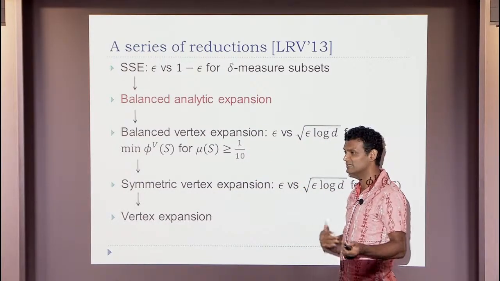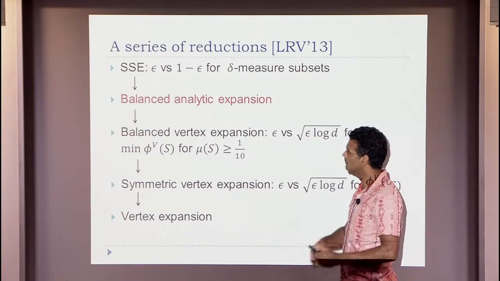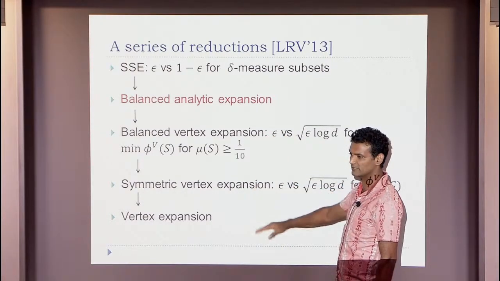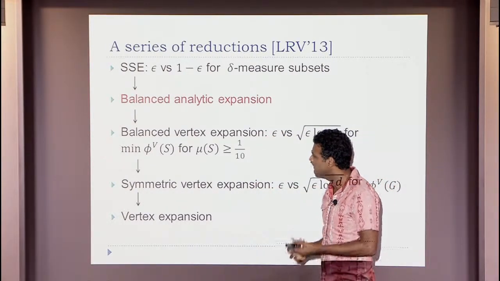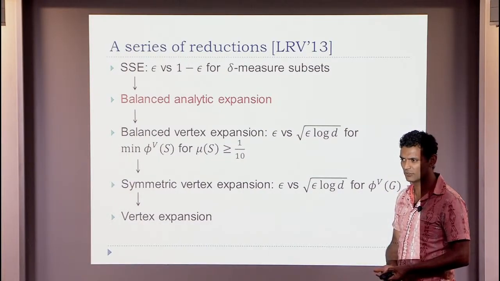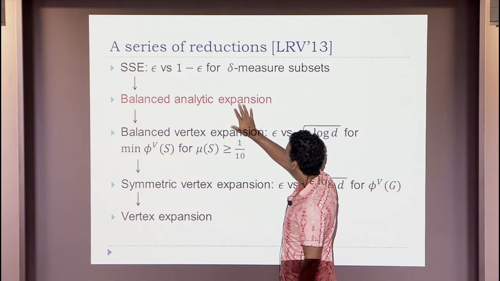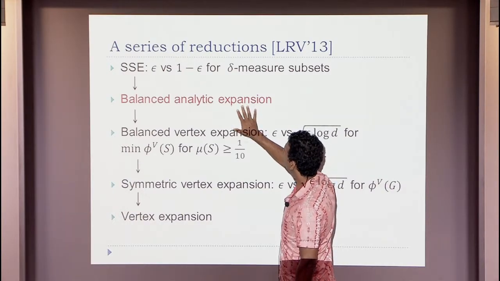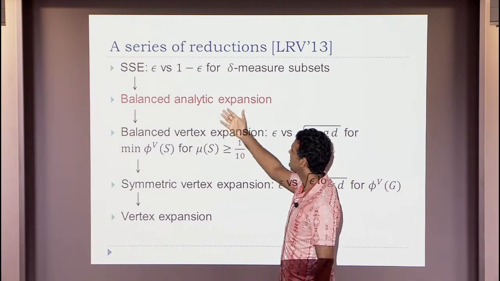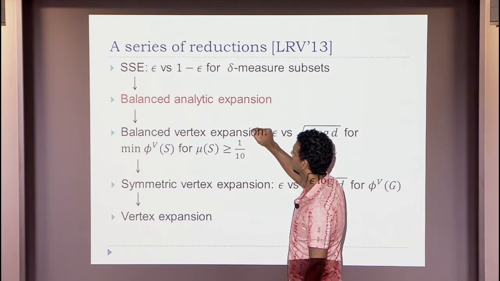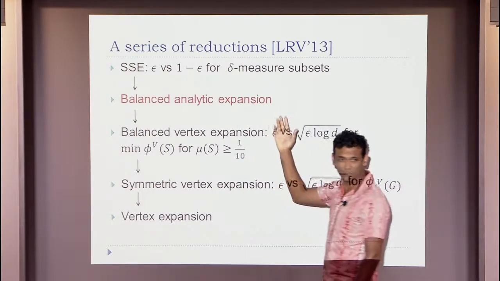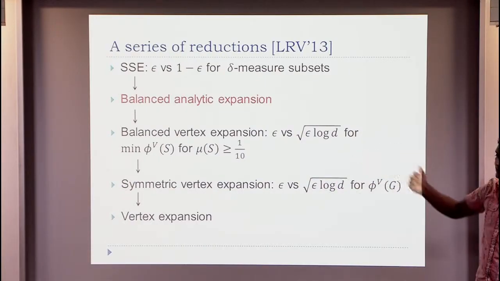This could make it harder or easier, but in fact, if you can do this, you can do the general case and so on. So these two steps are basically graph theoretic reductions. Now in this paper we define an intermediate problem which is called balanced analytic expansion. I'll define it in a minute, and that will be the link between small set expansion and vertex expansion.